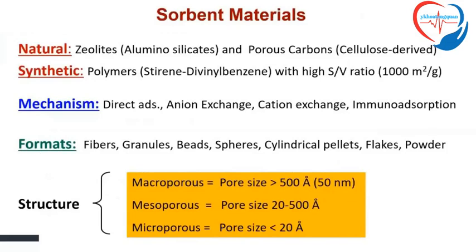We have different sorbent materials, natural, like zeolites and aluminosilicates, or porous carbon of cellulose-derived origin, or synthetic, where different polymers can be cross-linked with divinylbenzene, providing a very high surface-to-volume ratio. Just think 1,000 square meters per gram of substance, an enormous amount of surface.